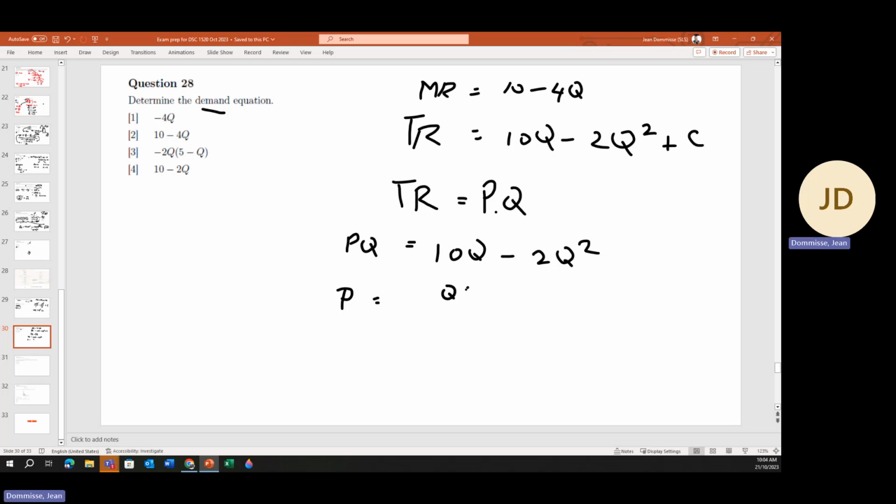and let's just make it a bit simpler, over Q, and then we can cancel those two out. Remember, here we divided by Q, that's why it's at the bottom. 10 minus 2Q, so it's not that.